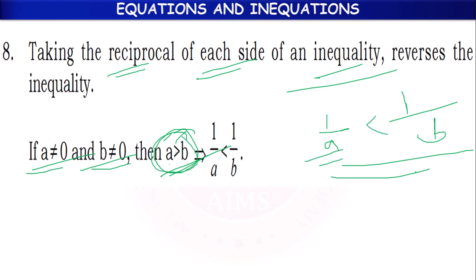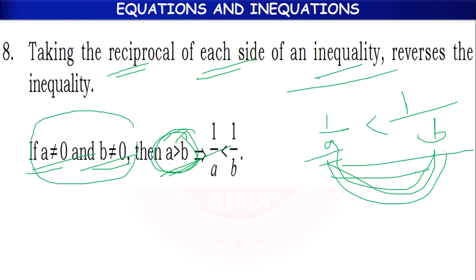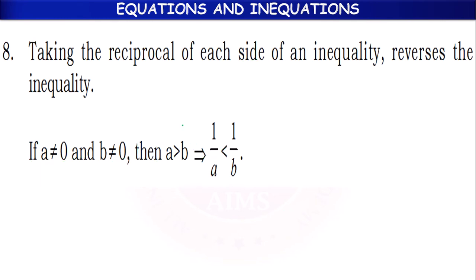Here, if we take the reciprocal, A and B will be in the denominator place. That's why A should not be equal to 0, B should not be equal to 0, because anything divided by 0 does not exist. So if we take reciprocals of the left-hand side and right-hand side of an inequality, the inequality gets reversed.